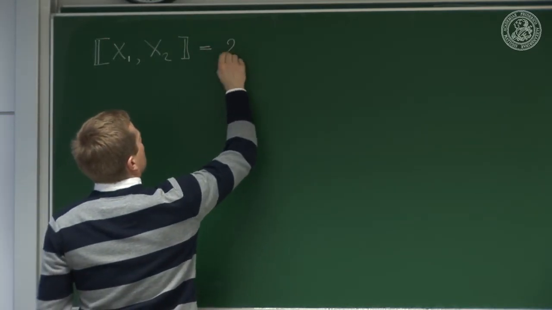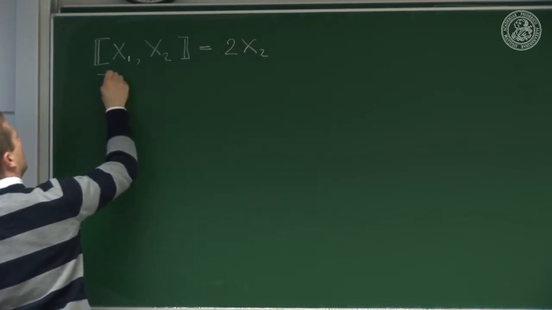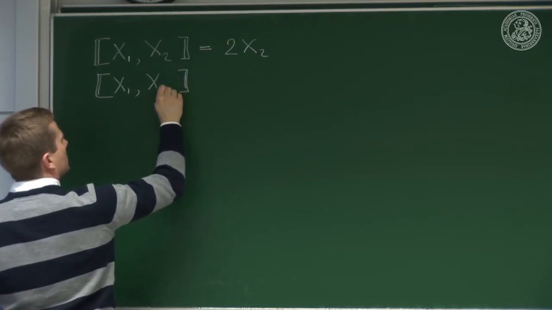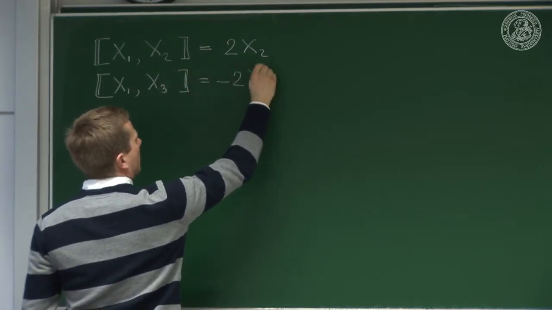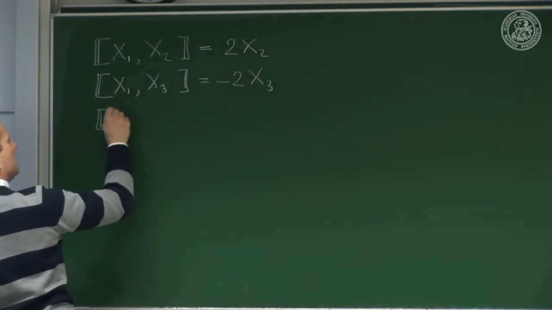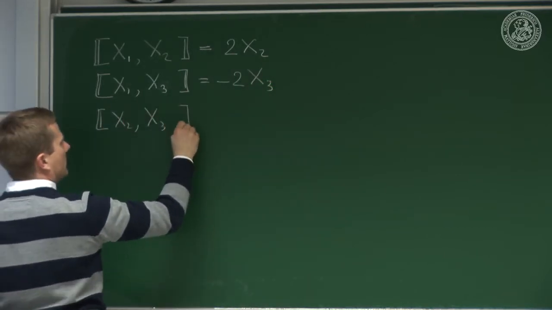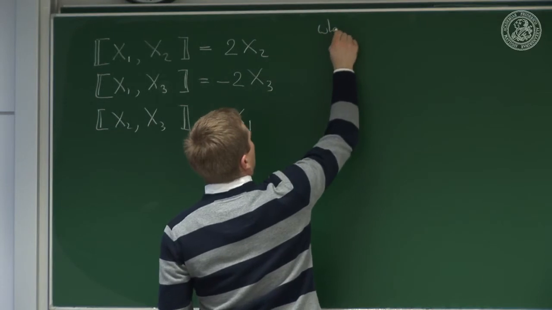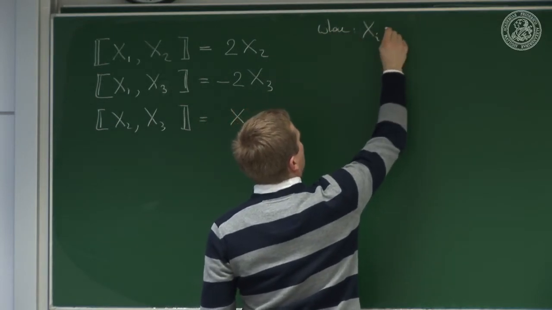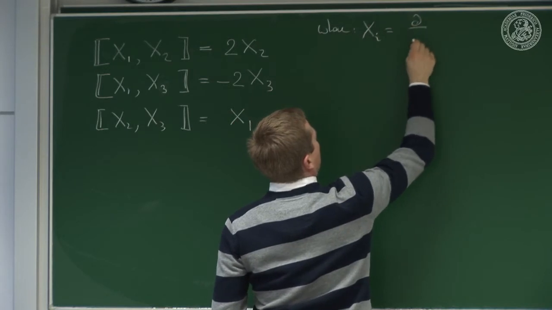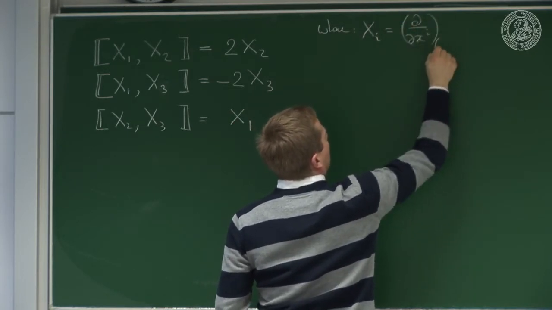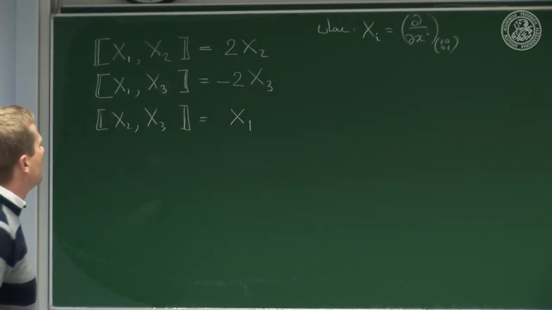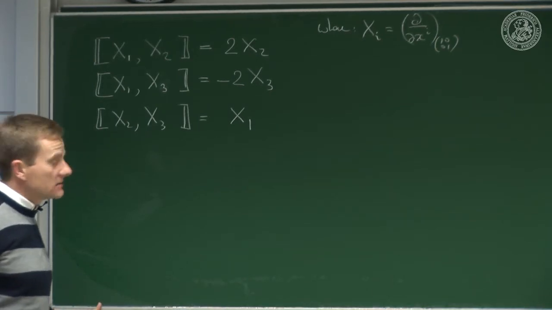And this we found is 2 times x2, and x1, x3 we found is minus 2 x3, and finally x2 and x3 we found to be simply x1. So from now on we have xi equals d by dxi at the identity, and obviously the Lie algebra is spanned by this because that's the tangent space.